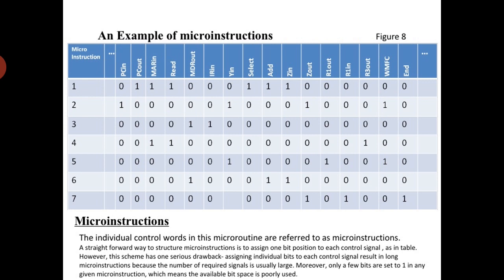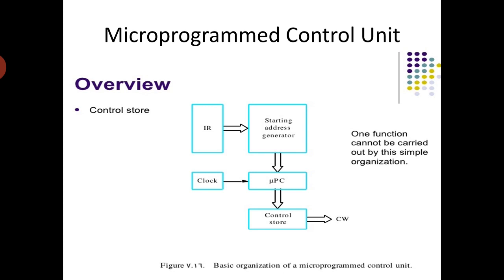That special memory is called the control store. So this control store stores the microroutines for all the instructions in the instruction set of a computer.